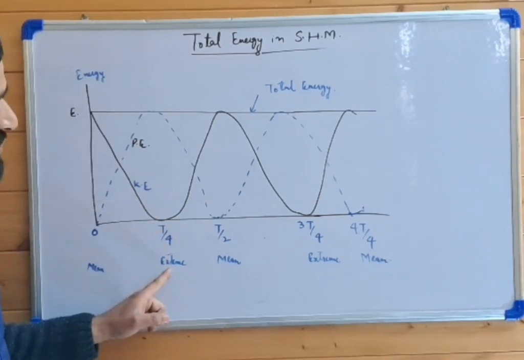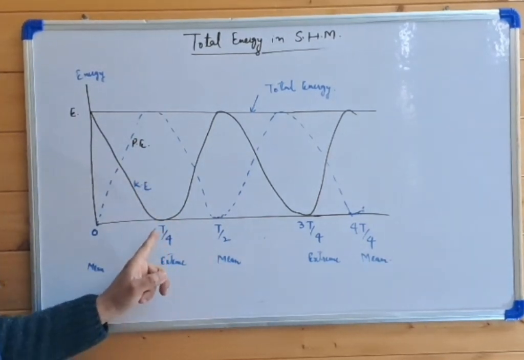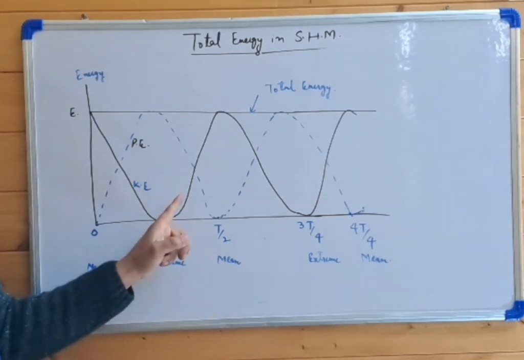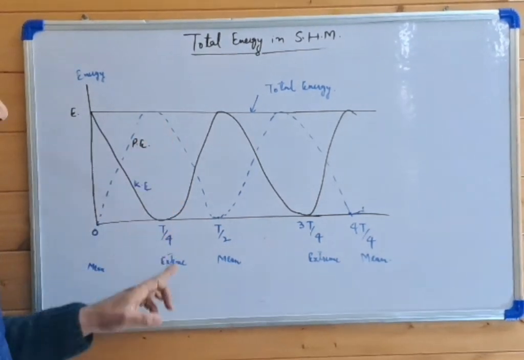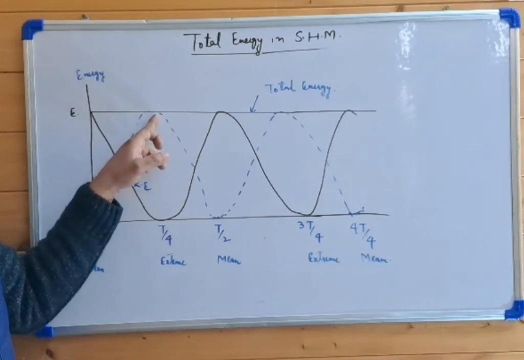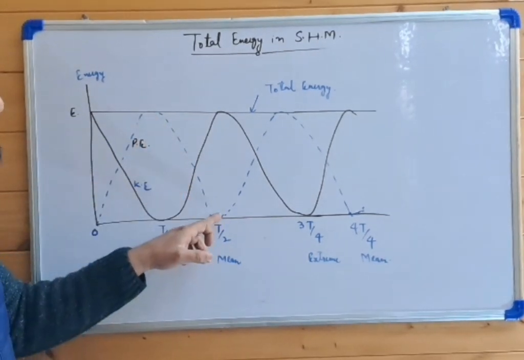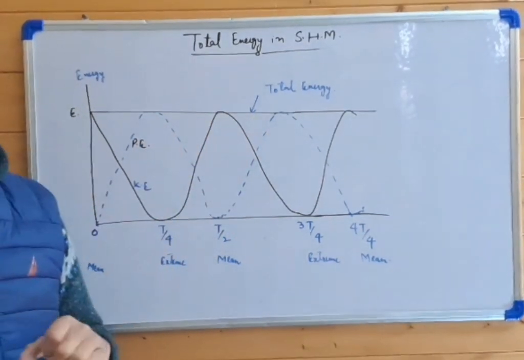Now, when the body goes from extreme position to mean position, that is from T by 4 to T by 2, the potential energy as well as the displacement decreases from maximum value to 0. So the value of the potential energy decreases from maximum value to 0, and the cycle repeats.